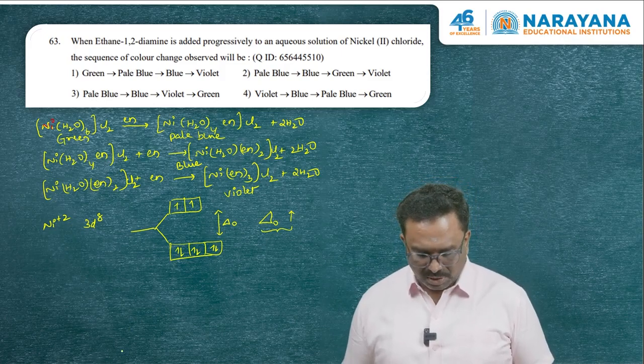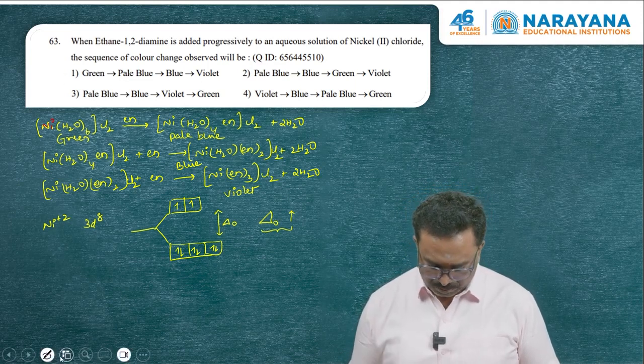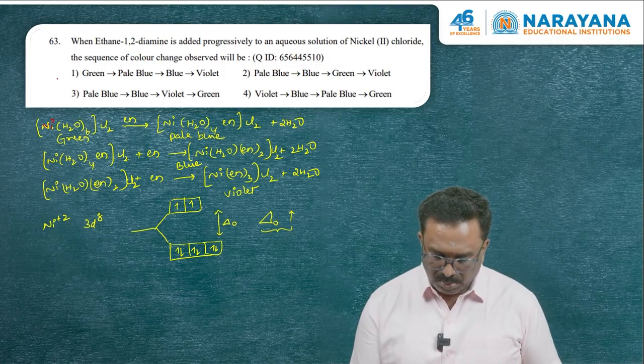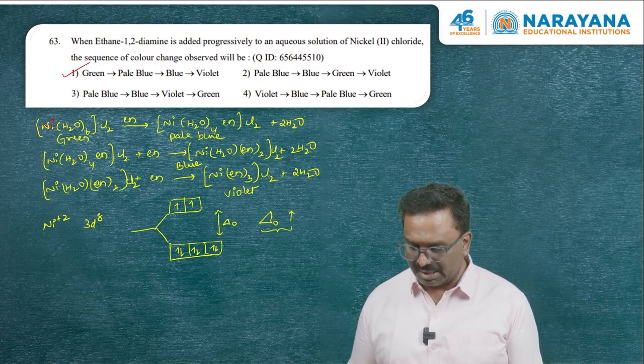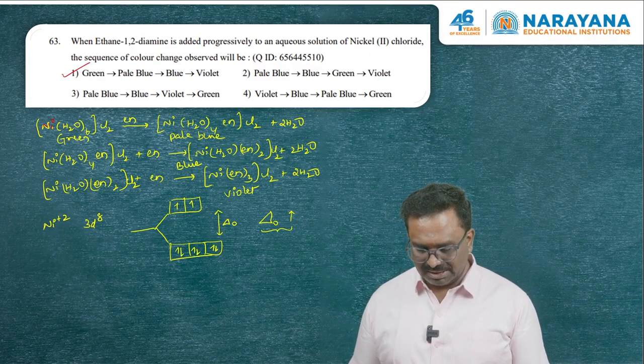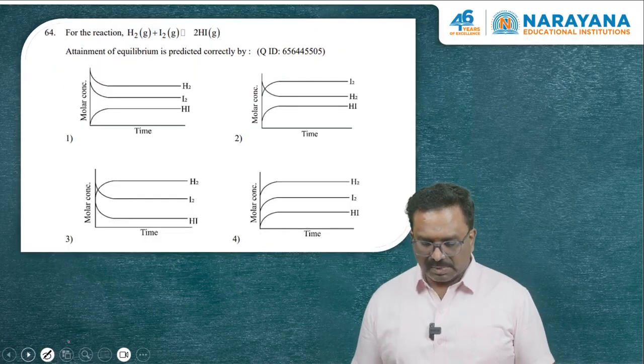So what is more appropriate here is green to pale blue, then to blue, and then to violet. This is the more appropriate among the given answers. Now let us see the next one.